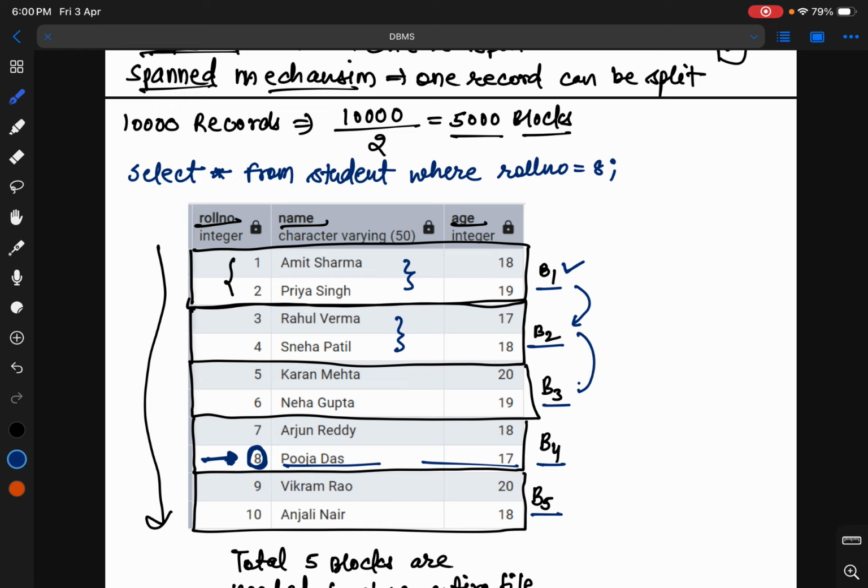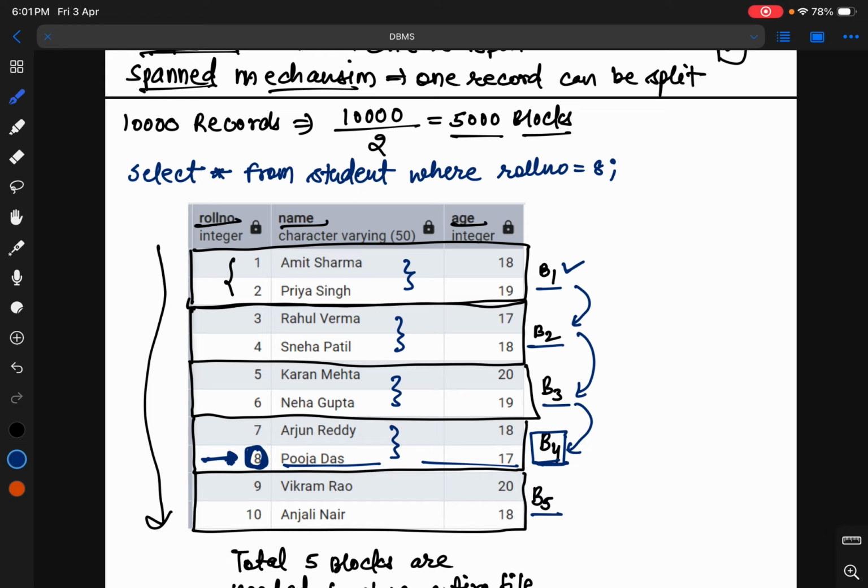Since it doesn't, we check b2 and scan it. If it also doesn't contain it, then we check b3, then b4, and we find the student data of roll number 8 in b4. So we might need to check all the blocks to find that particular data.